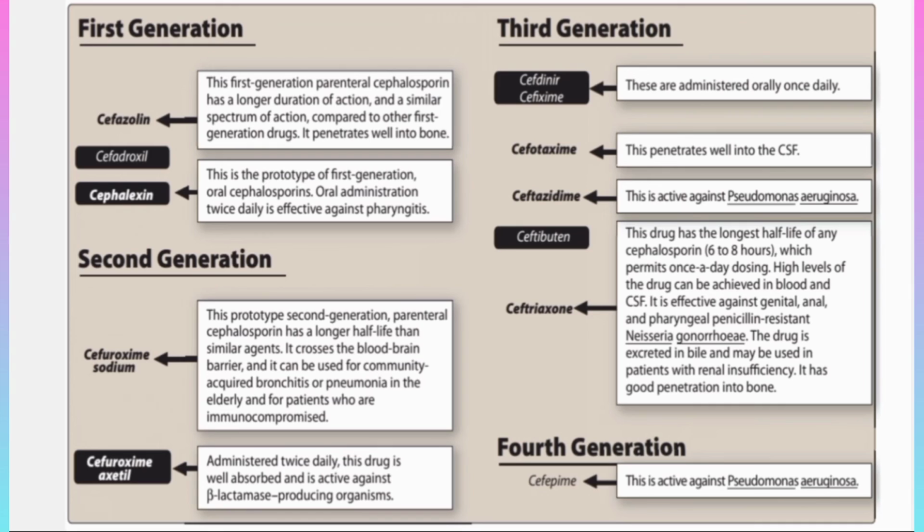Among the third generation, we have those administered orally: cefdinir and cefixime. We have cefotaxime, which penetrates well into cerebrospinal fluid. We have ceftazidime, which is active against Pseudomonas aeruginosa. We have ceftibuten and ceftriaxone.